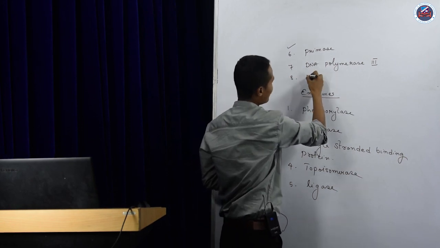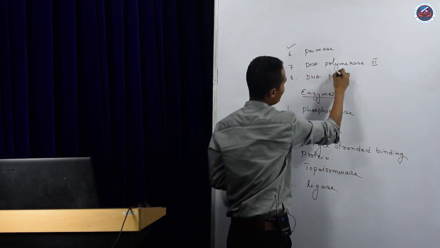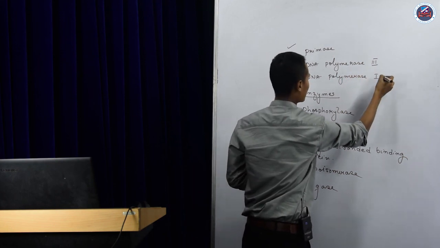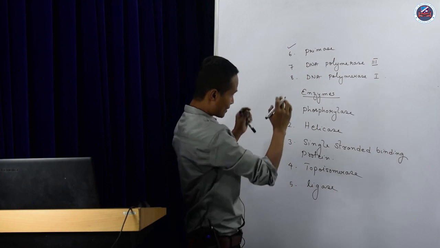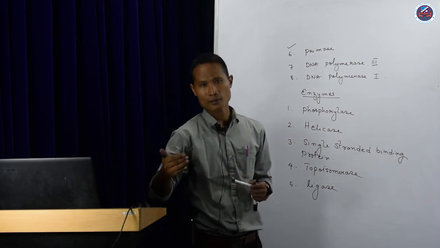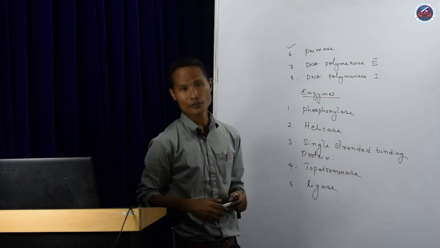Eighth, we have DNA polymerase 1. So these are the essential enzymes required in the process of replication. In the next class, we'll discuss the steps involved in the process of replication.